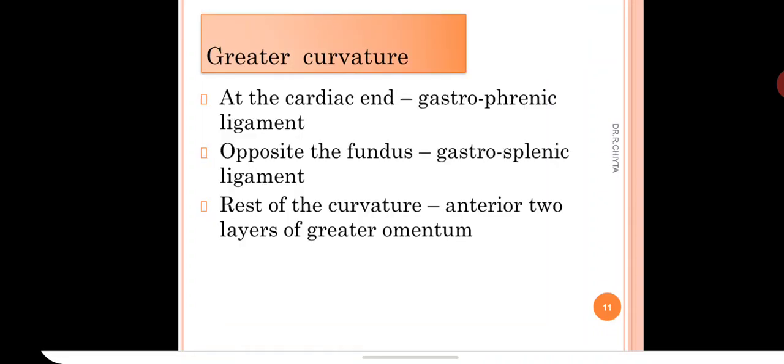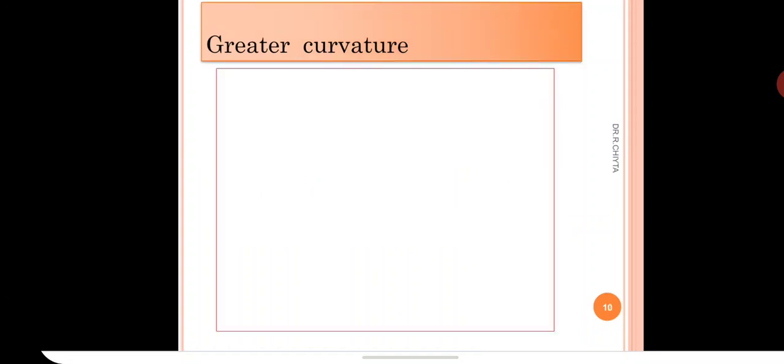So this is what we have seen: at the cardiac end, gastrophrenic ligament, opposite the fundus, gastrosplenic ligament, and rest of the curvature, anterior two layers of the greater omentum.